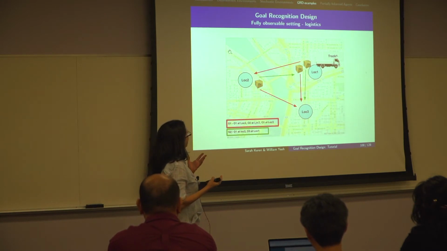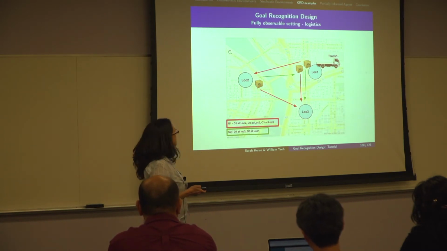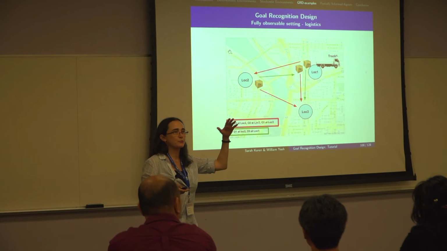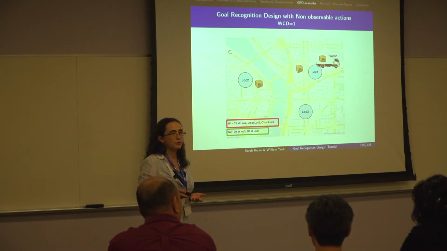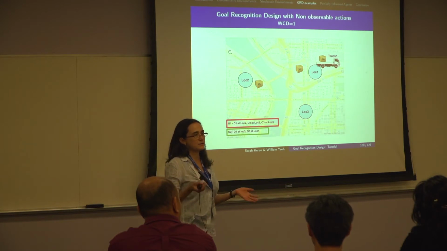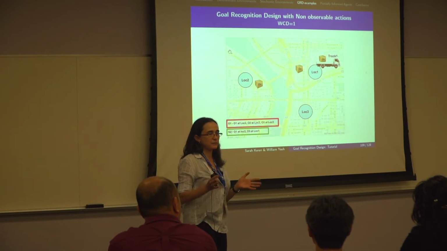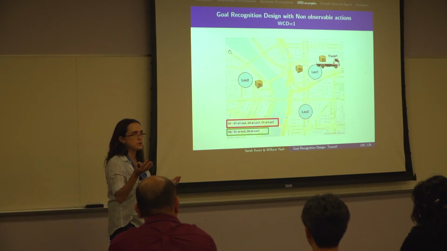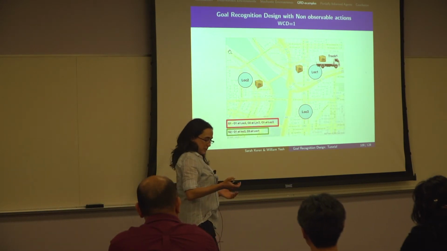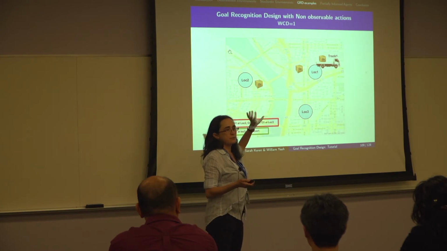Hopefully it's not as obvious to you guys what's happening here, because then GRD would be redundant. But in terms of recognition, in terms of our worst case distinctiveness, the problem is that the first block has to be picked up anyway, right? So we can't do much about that unless we can introduce some constraints. But in this setting, we are just the observer.